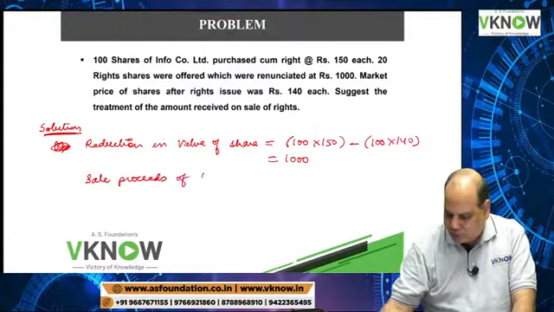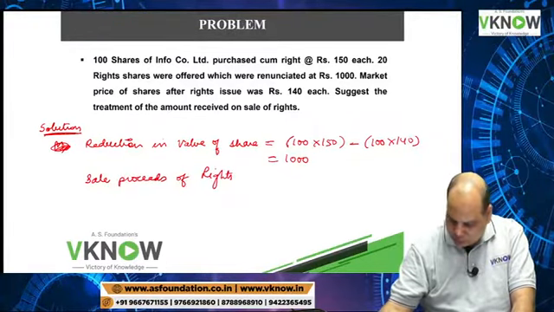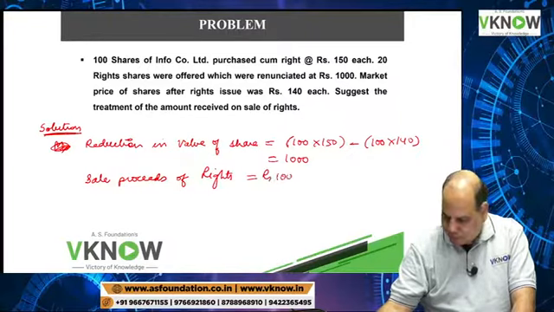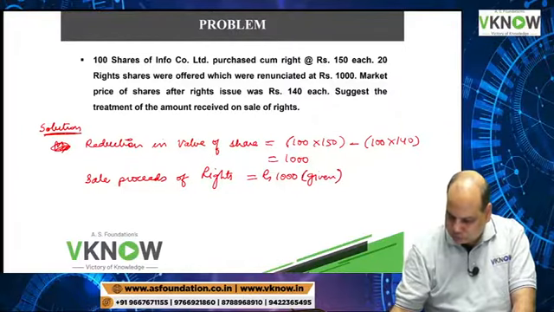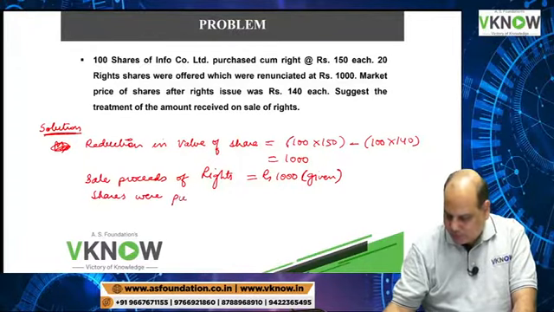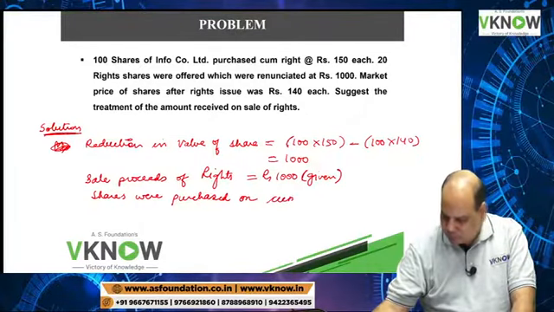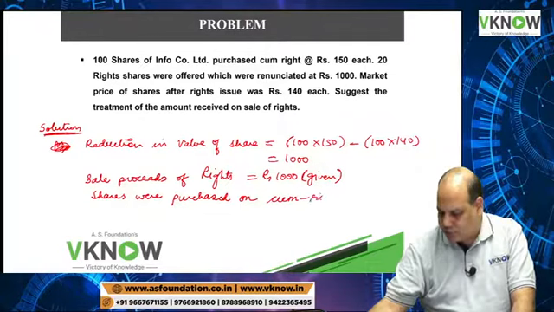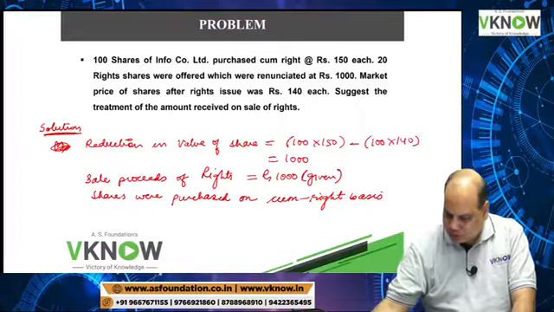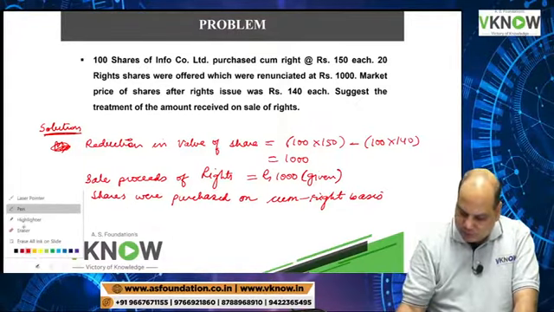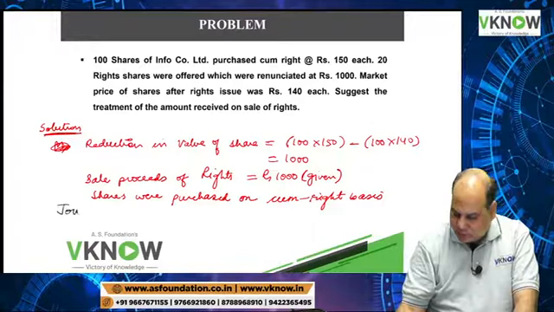Sale proceeds of rights, rupees 1000, this is given. Shares were purchased on cum-right basis.